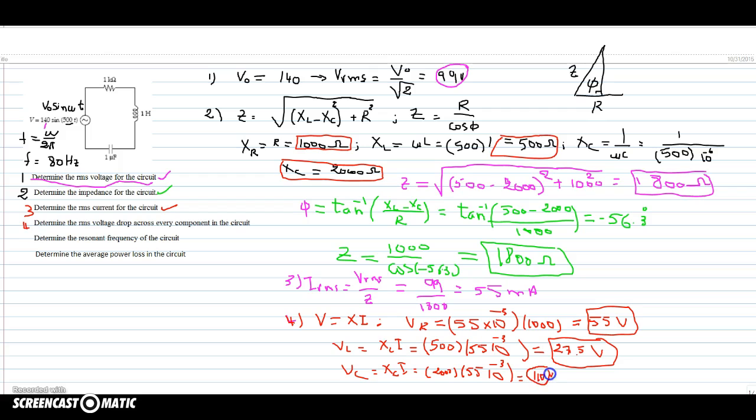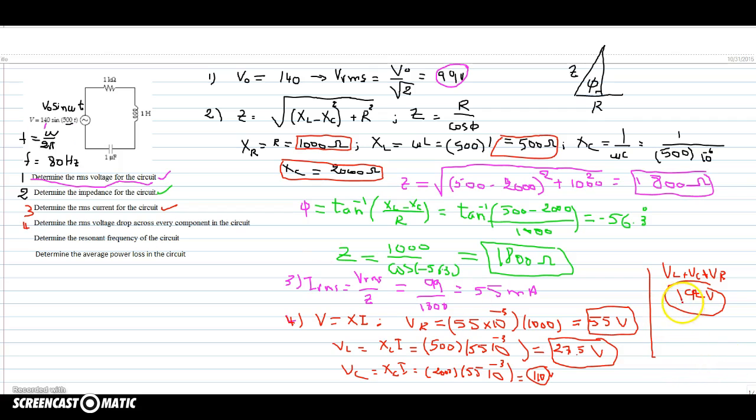Now quick check. If you add all of them, VL plus VC plus VR, you are going to find 192 volts, while the maximum value is 140.